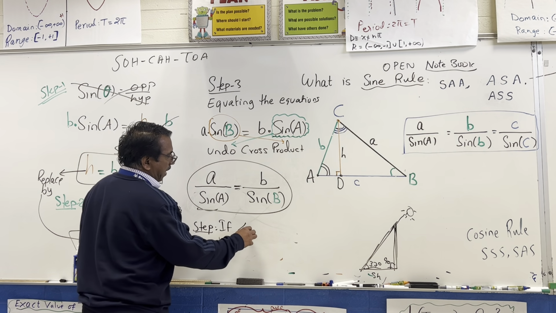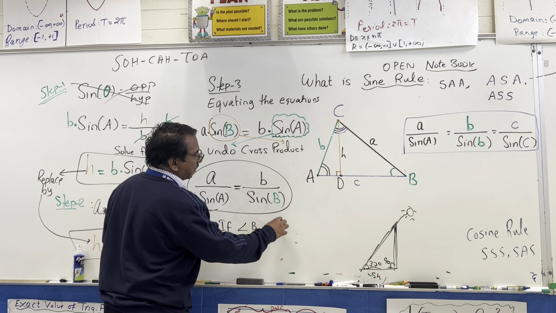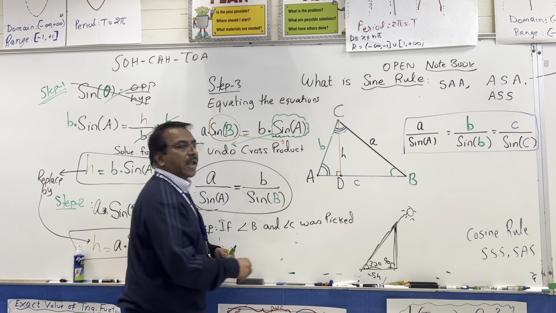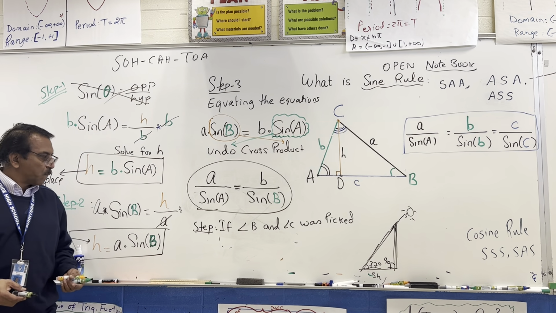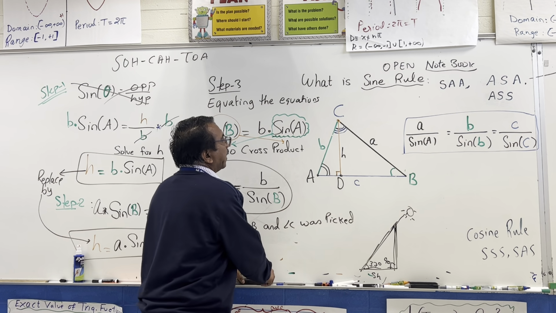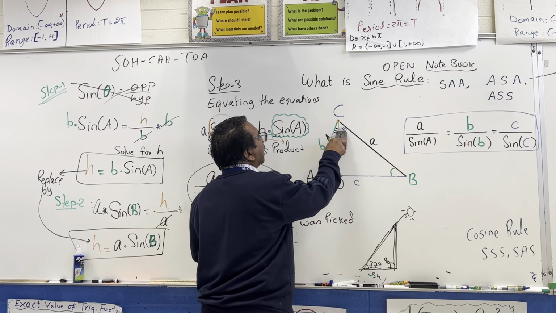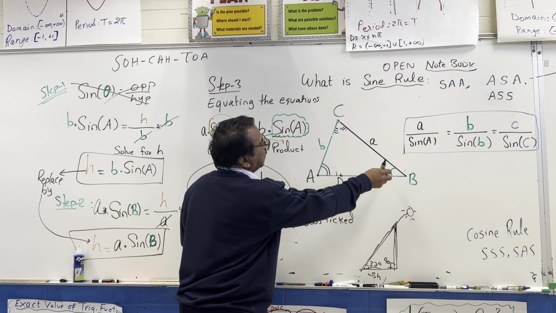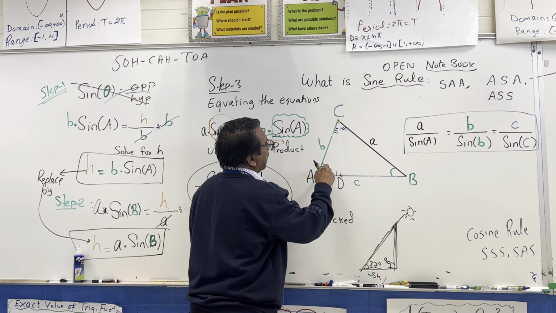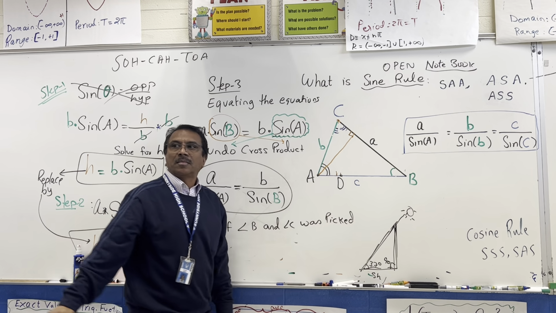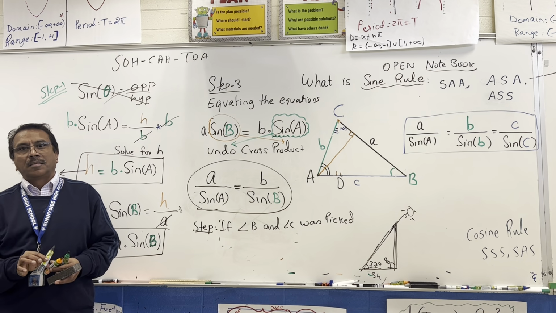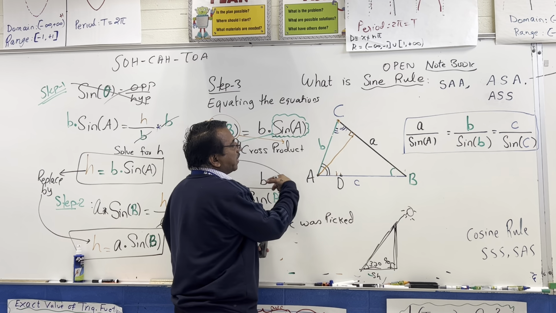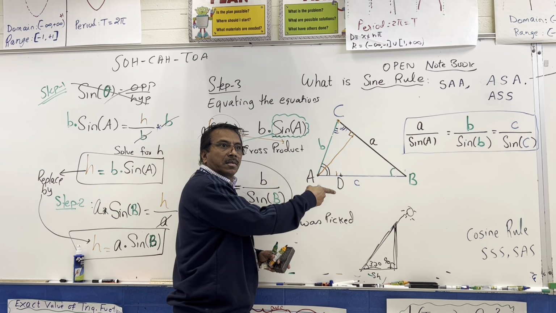If angle B and angle C were picked, then what expression would you get? So what I'm trying to say is, if I had to take off this height, and in place of that, I picked B and C, so B is here, C is right, and then you draw perpendicular this way. Can you see this part? The one that we did was A and B, agree? Yes.